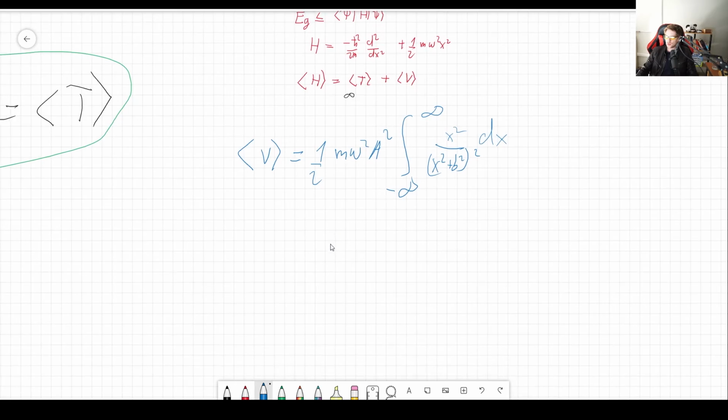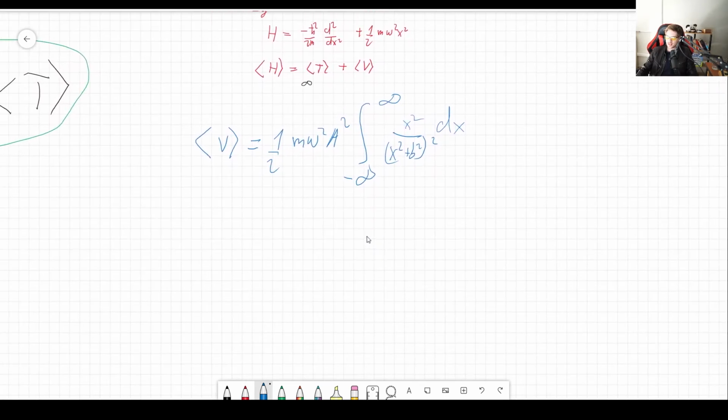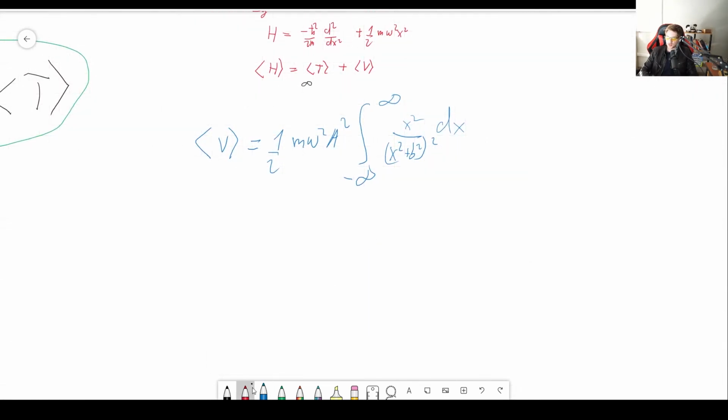Okay, so how do we integrate this? Well, this is basically the same that we have been doing. So again, let's say x is going to be b times tangent of u. Thus, dx is going to be b secant squared of u du, the same as before.